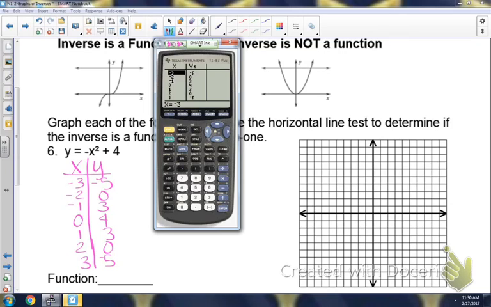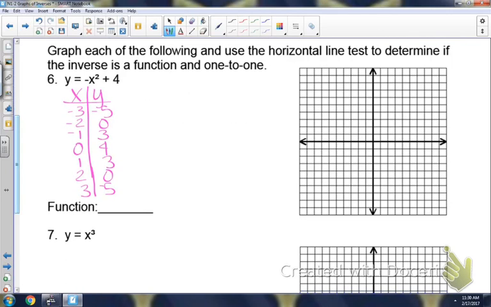Okay? Alright, so let's plot those points. Negative 3, negative 5; negative 2, 0; negative 1, 3; 0, 4; 1, 3; 2, 0; and 3, negative 5.